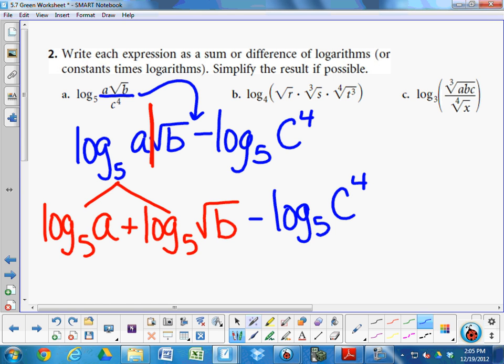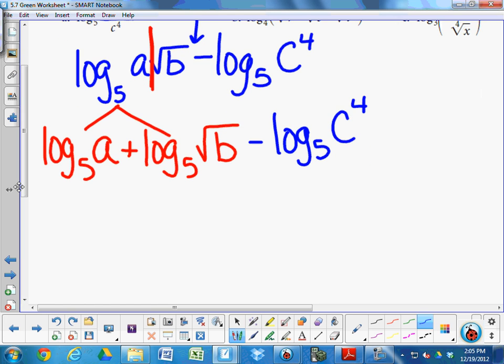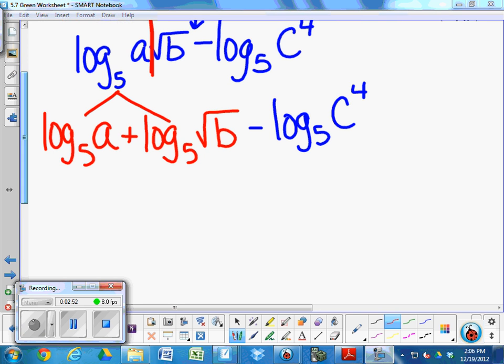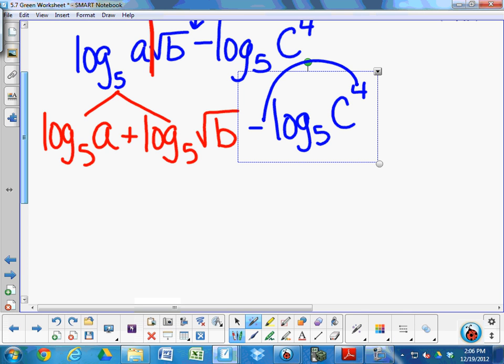Next, last part. At this point, are there any exponents that could potentially come out front? The 4. And when you look at the square root symbol, you don't traditionally think, hey, that's an exponent.